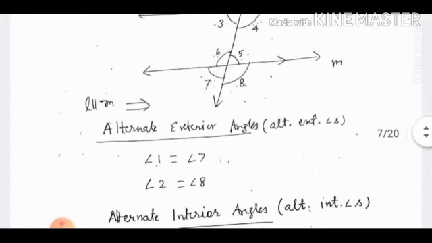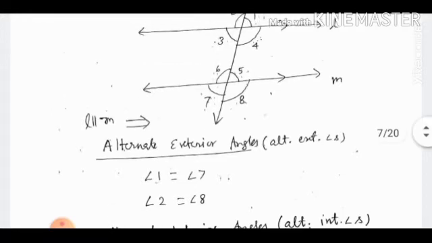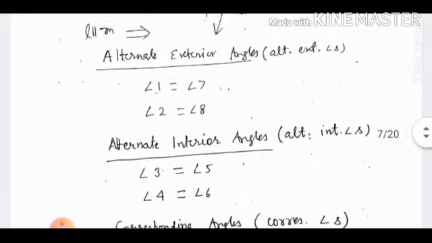Now alternate interior angles. Here we can see interior angles are angle 3, angle 4, angle 5 and angle 6. So for angle 4, we should leave angle 3 or angle 5, then we go to angle 6. So for angle 4, the alternate interior angle will be angle 6, and for angle 3, the alternate interior angle will be angle 5.